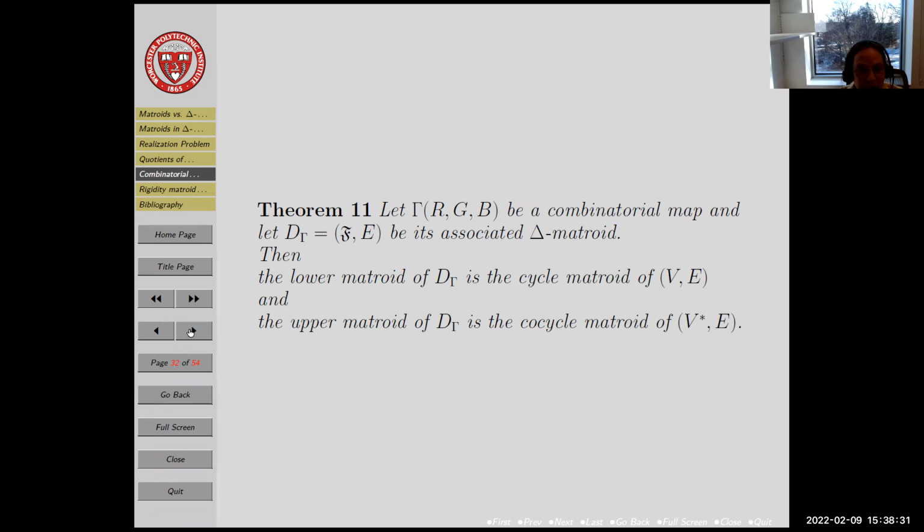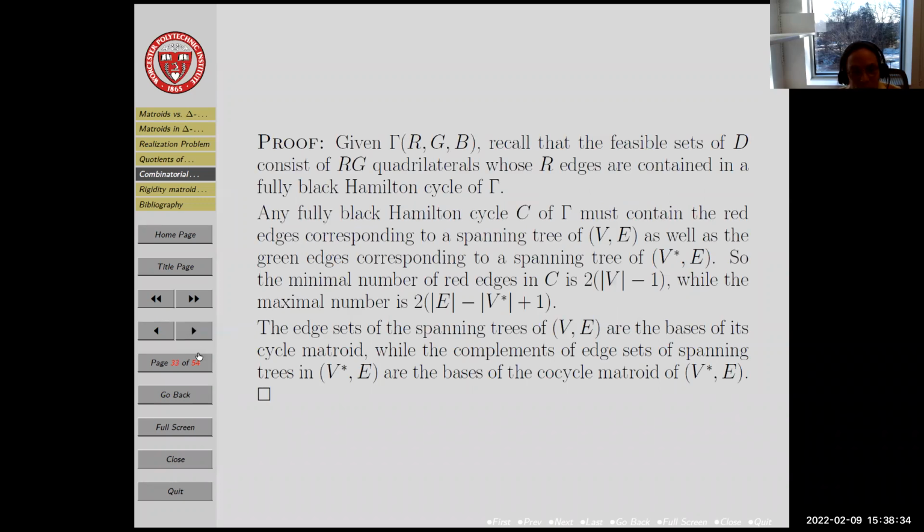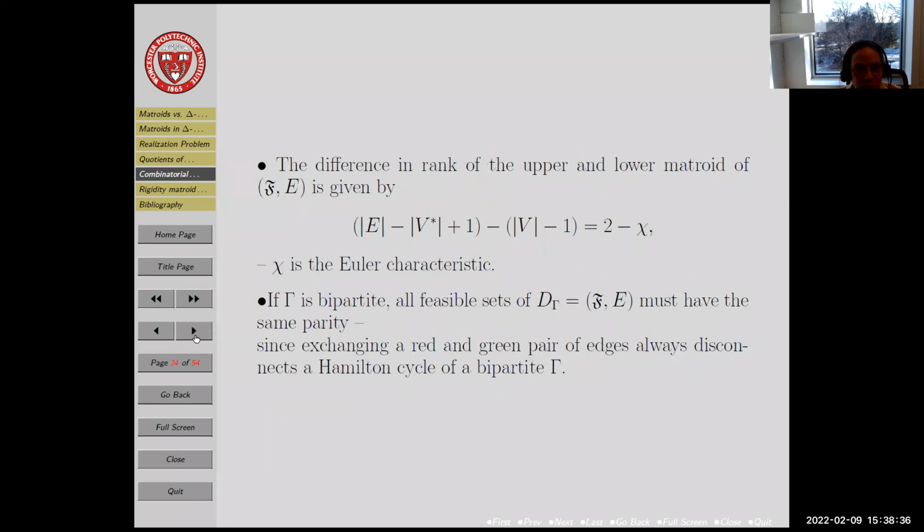So I want to give you not necessarily the proof of this, but it's just sort of really straightforward, and what you get out of it is that the upper and lower matroid differ in rank by 2 minus the Euler characteristic of the surface. And what you also get, if gamma is bipartite, then all the feasible sets have the same parity, which comes out quite nicely from just the map graph.